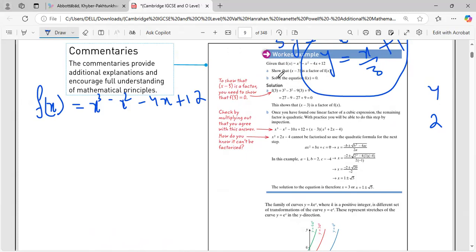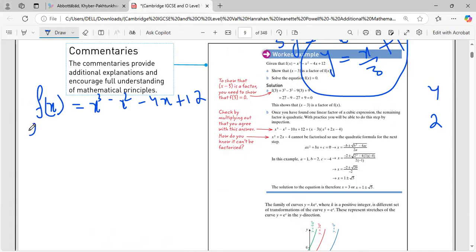But by the factor theorem, if x minus 3 is a factor, then f of 3 must be equal to 0. It means that upon putting 3 in the function, it must be equal to 0. So we use that theorem.